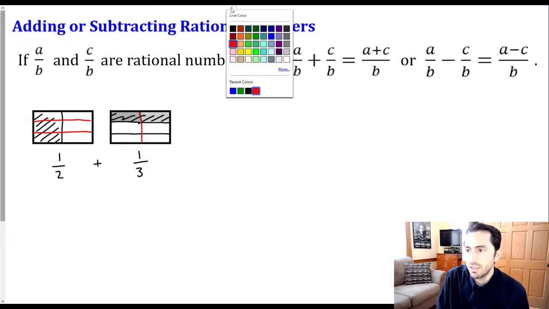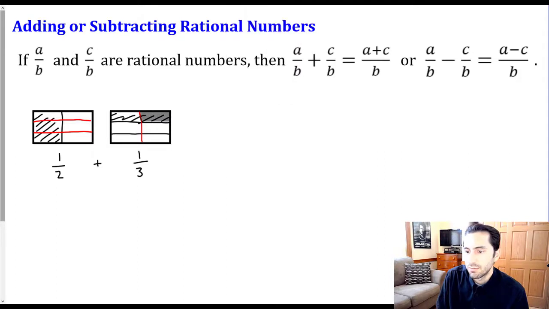But the reason this is nice now is because all of these regions, so we have 1 right here, 2, 3, 4, and 5. All 5 of those little shaded regions, those rectangles, they're all the same size.